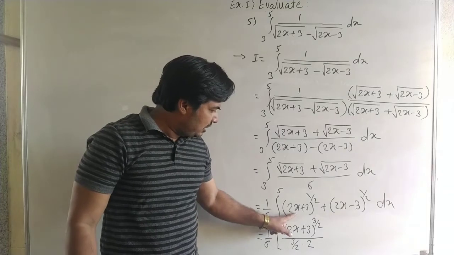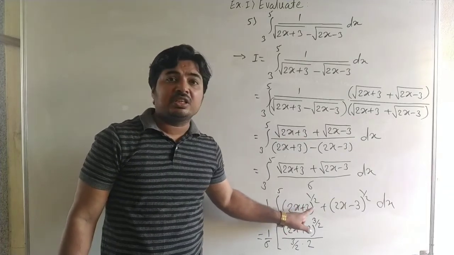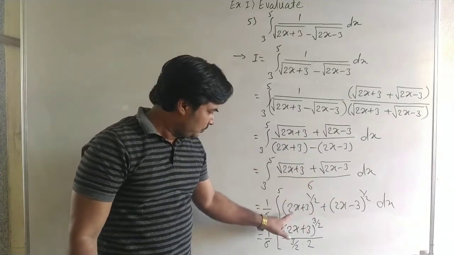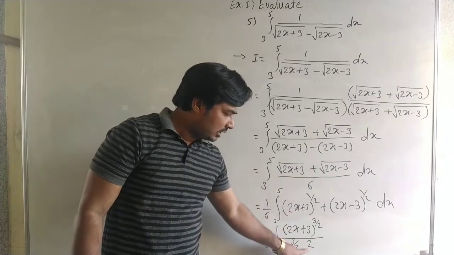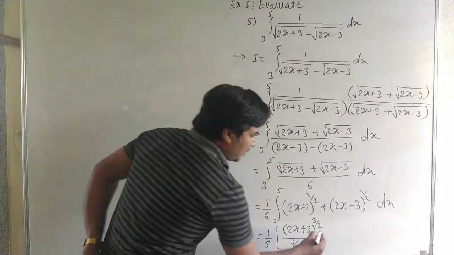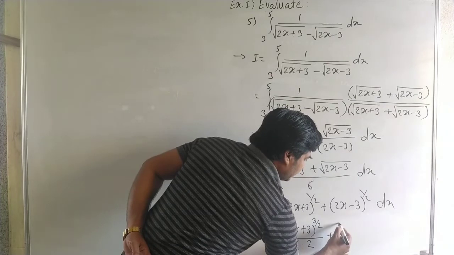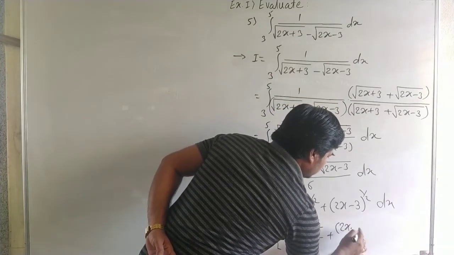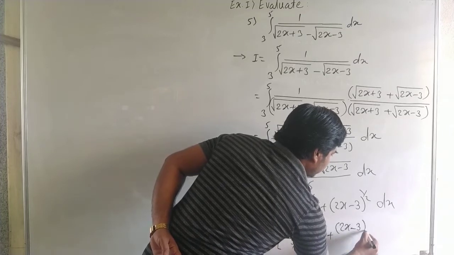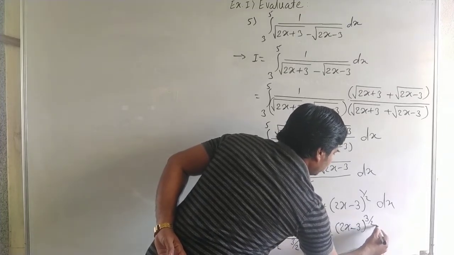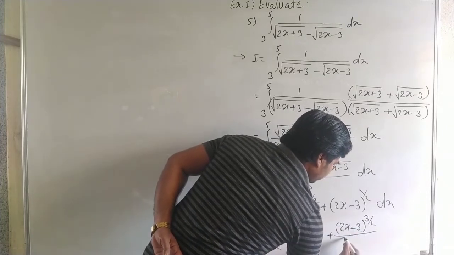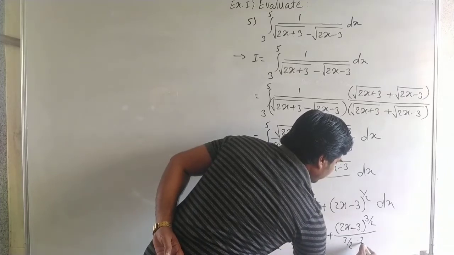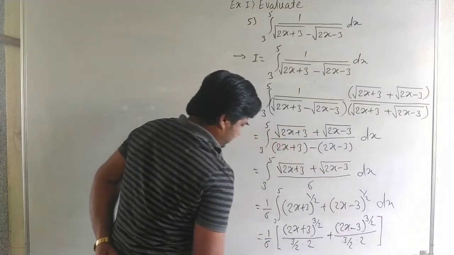Here it is not x, it is a linear function, so the coefficient of x is 2, and we write 2 in the denominator. Plus the same, 2x minus 3 to the power 3 by 2 upon 3 by 2 into 2, and the limit is 3 to 5.